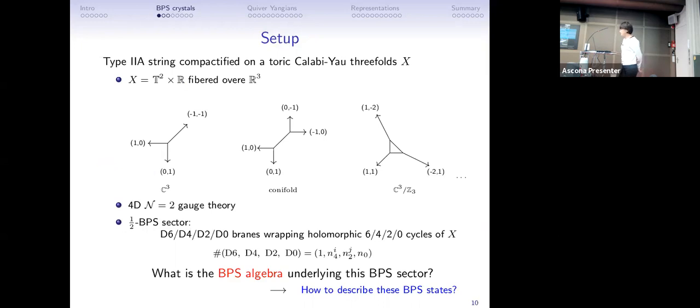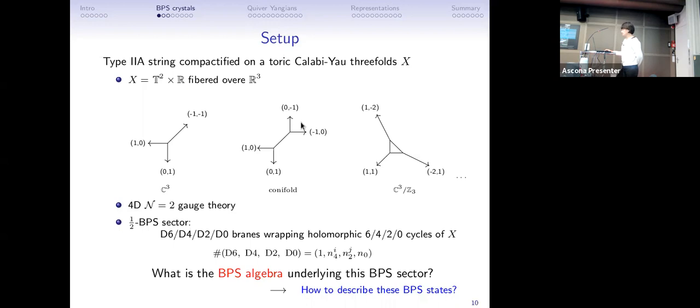The system is type IIA string on a toric Calabi-Yau threefold. You can think of this toric Calabi-Yau as a T2 x R fiber over R3, and this (p,q) web tells you where the fiber degenerates. This is the simplest case, C3, and for the more complicated ones, roughly there are 2 classes.